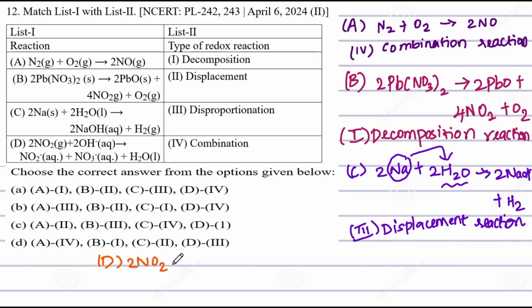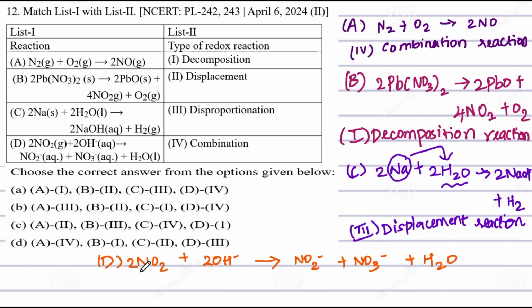2NO2 plus 2OH minus gives NO2 minus plus NO3 minus plus H2O. First let us see the oxidation state of nitrogen in the reactant and in both the products, NO2 minus and NO3 minus, because nitrogen is present in two different compounds on the product side.